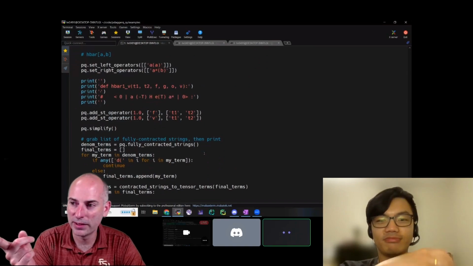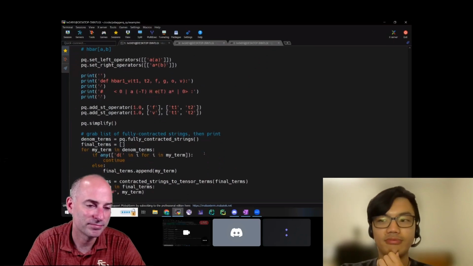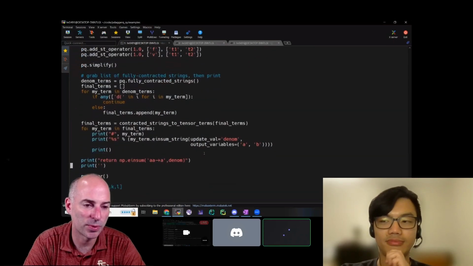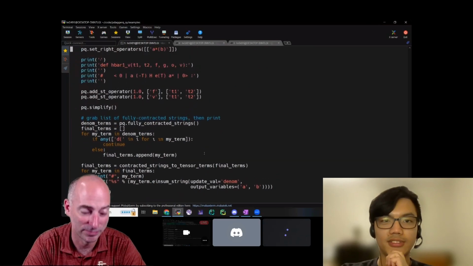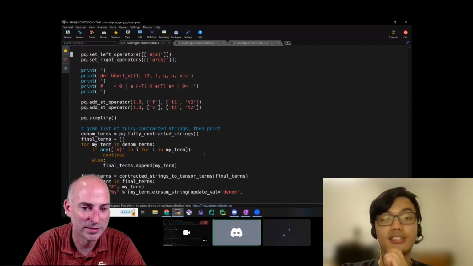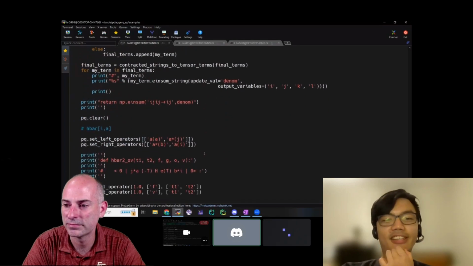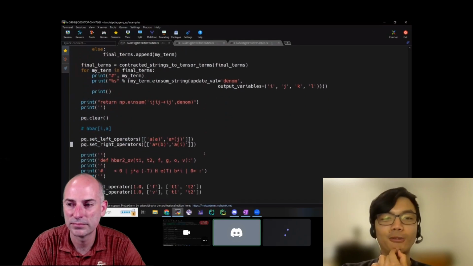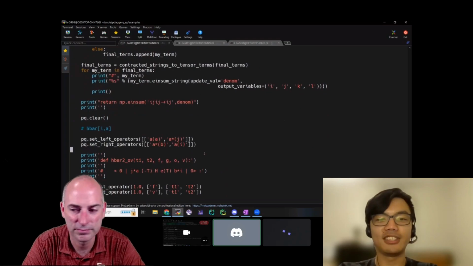But the way you're defining your denominator, you could evaluate elements of H bar and implement equations how you find them in the literature when they're in terms of H bar. Yes. So if you know what you want to do, this is a very useful and powerful tool, definitely.